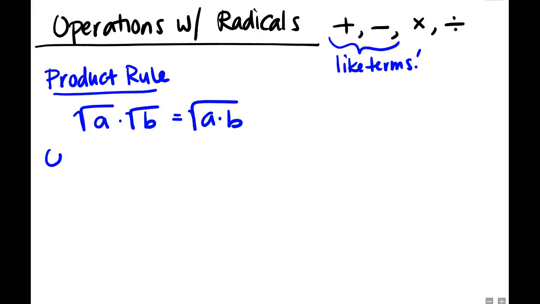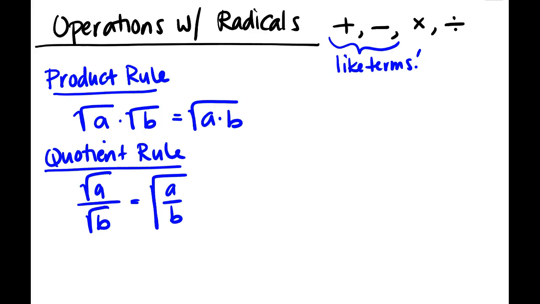And we have a quotient rule. Since division is the other side of multiplication, if we divide two radicals, it's the same thing as a radical of that quotient. So the quotient of radicals is the same as the radical of a quotient. So those are our two rules.